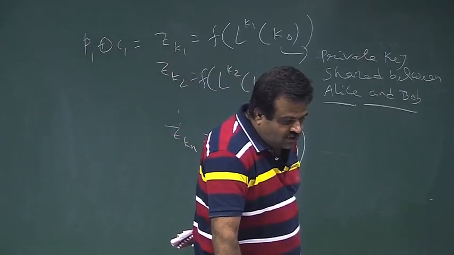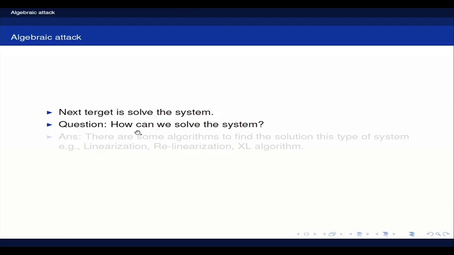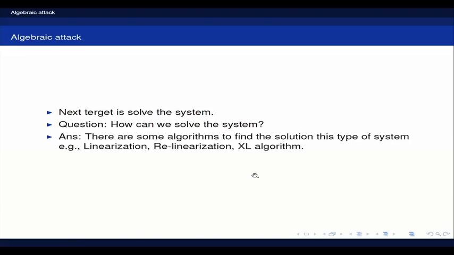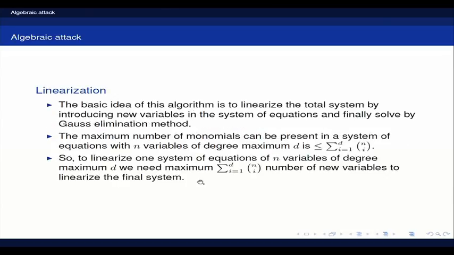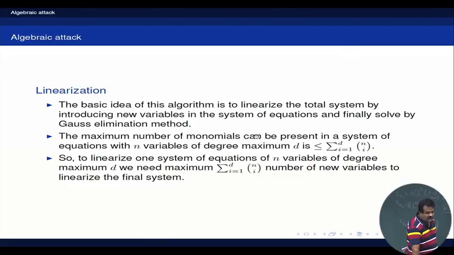So the question is how can we solve this system? There are some algorithms to find the solution of this type of system. One is linearization, then relinearization, then the XL algorithm to solve this system of equations. So what is linearization? The basic idea of linearization is to linearize the total system by introducing new variables in the system of equations and finally solve.